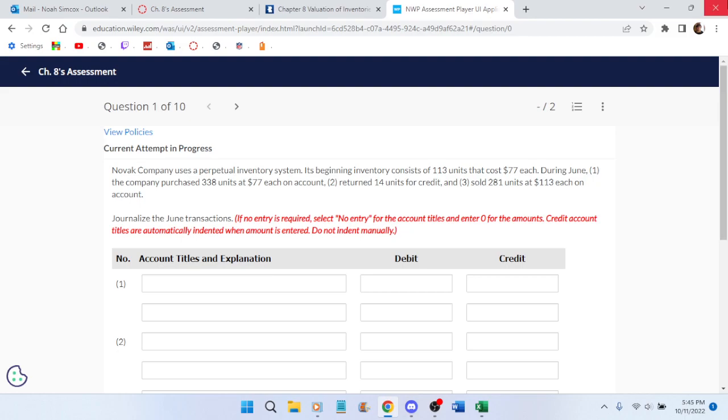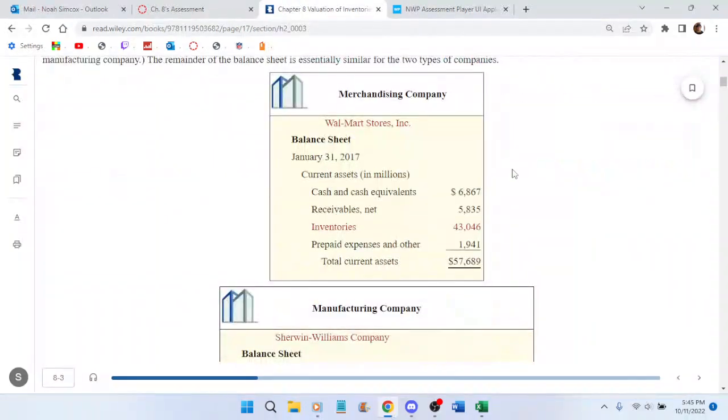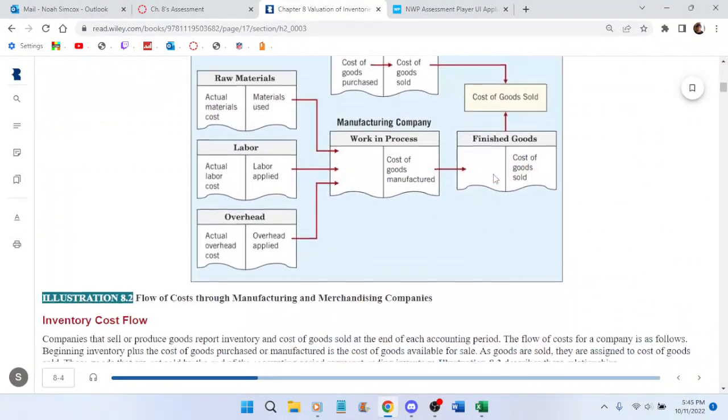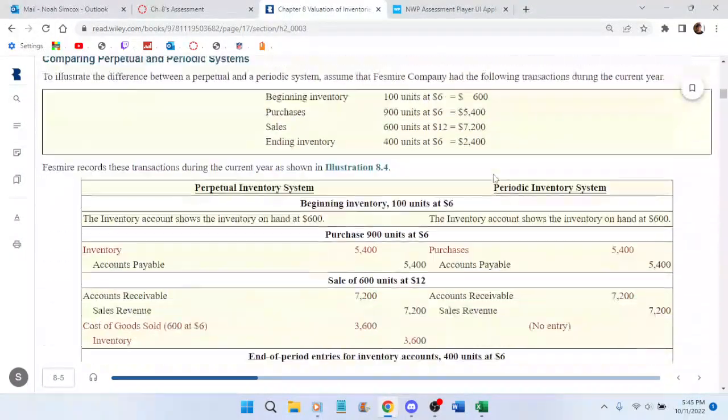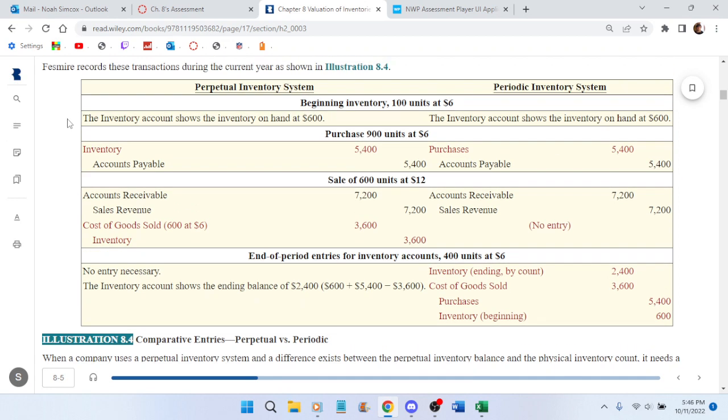Perpetual inventory. Show the entries, please. Here: inventory, accounts payable, accounts receivable, sales revenue. The only one I'm not familiar with is the periodic. I'm already familiar with perpetual. Just copy this.